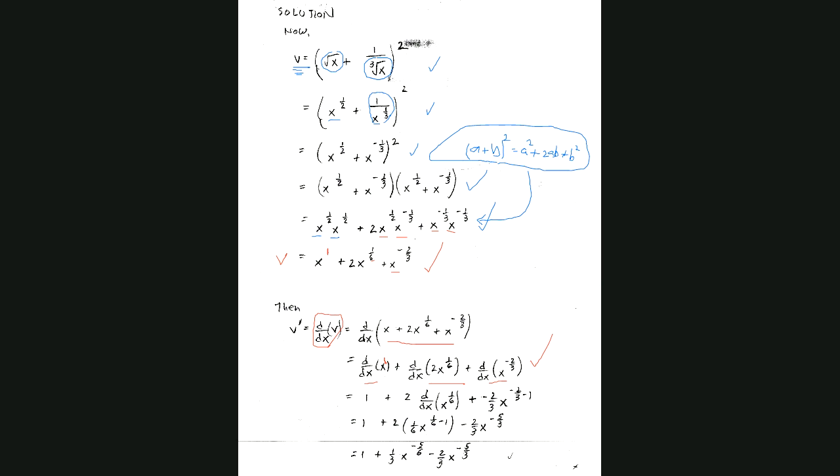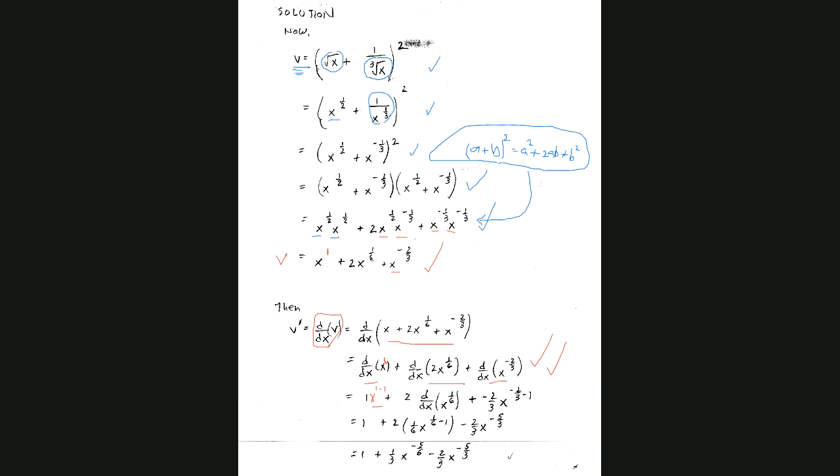Formally, it's 1 times x to the 1 minus 1 power, but x to the 1 minus 1 power is x to the 0th power, and that's just 1. So we use the sum rule here, and now we're doing the derivative of each of these functions.